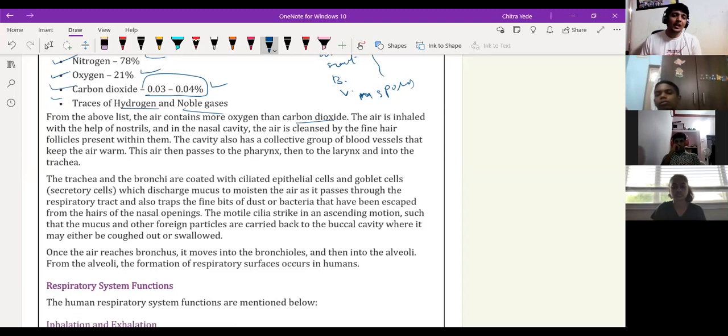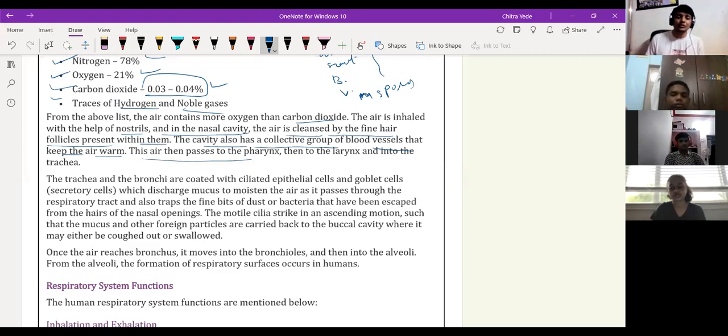With the help of the nostril and nasal cavity, the air is cleaned by fine hair particles. They are very important. The cavity also has a collection of blood vessels that keep the air warm. Air has to become moist as well as warm for proper absorption of oxygen.